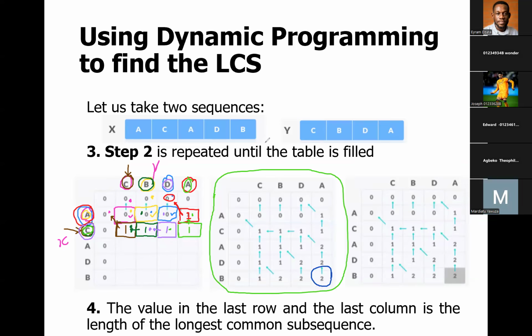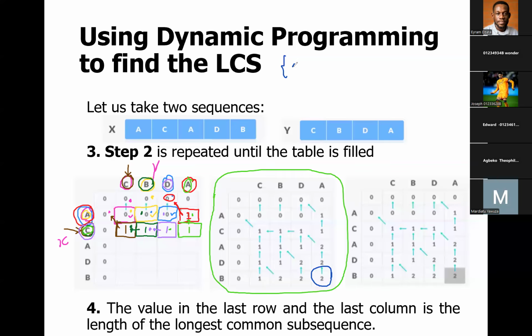Okay. Now, by observation, if we just look at X and Y, and we are told to deduce the longest common sequence, who can guess what would be some of the longest common sequences we have here? CD.